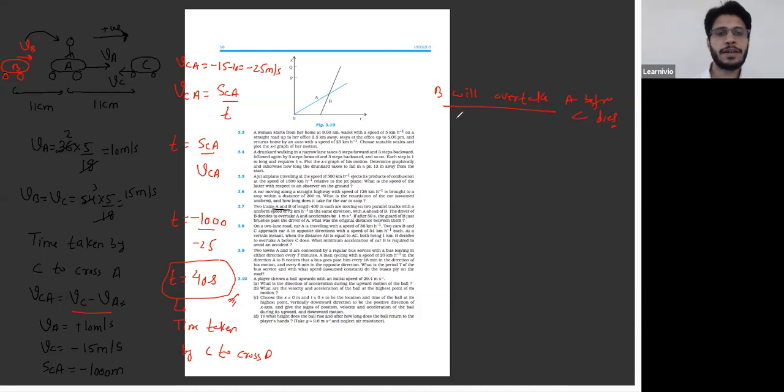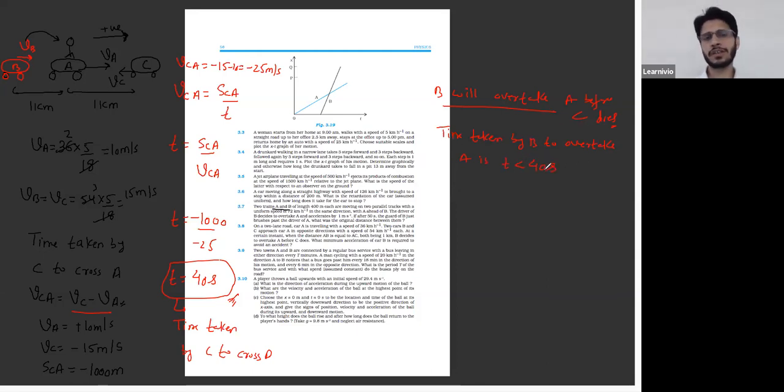So let's write this in this way. Time taken by B to overtake A is less than 40 seconds.